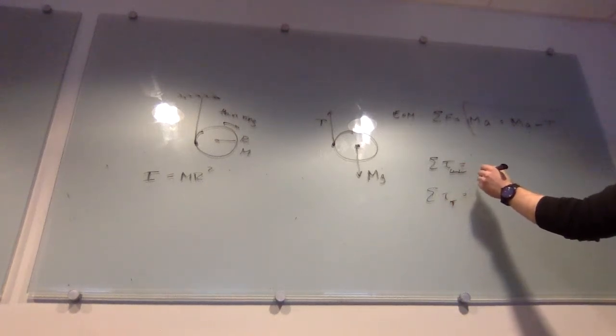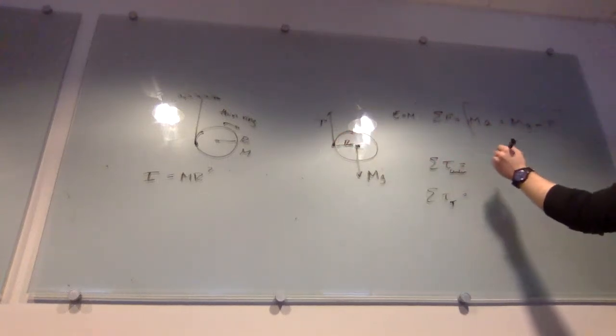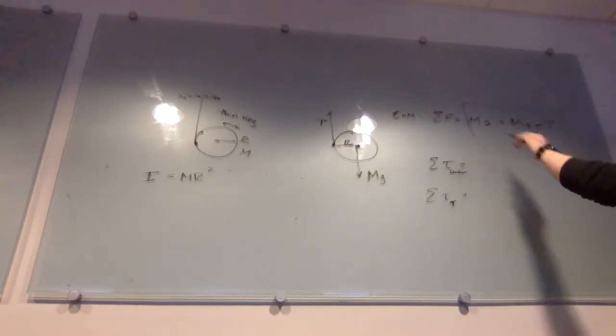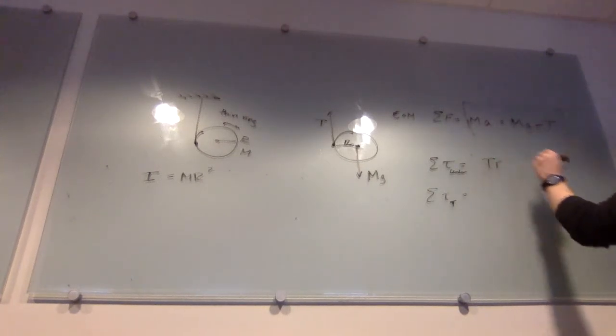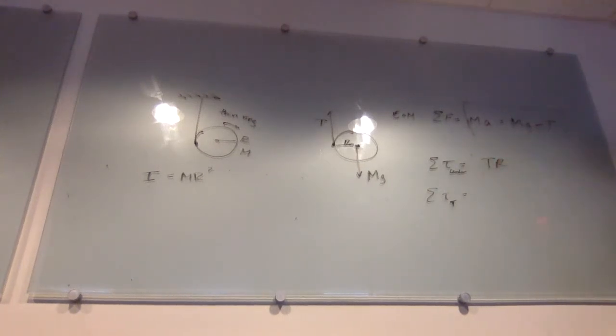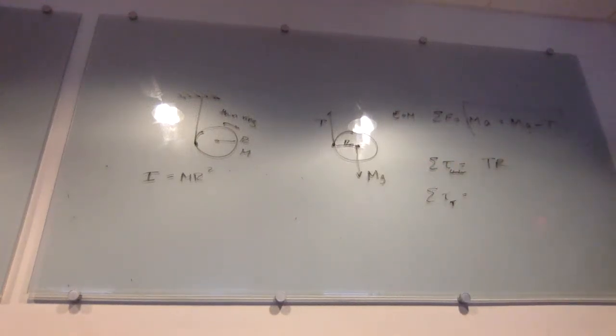The torque around the center, there's only one, and the radius we know is R. I'll call this positive, I guess. So it'll be just T times R. That's it. There's no angle because they're all perpendicular. And then, of course, the torque due to gravity at the center is 0 because the distance is 0.